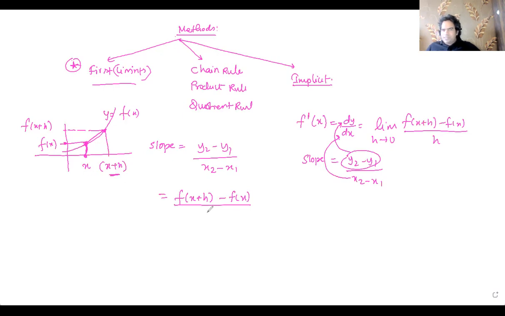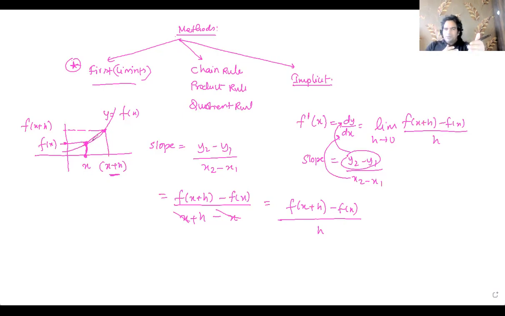The x2 value is x plus h, minus x, so this and this get cancelled, and we get f of x plus h minus f of x over h. This is the raw formula that calculates the slope of this particular chord.